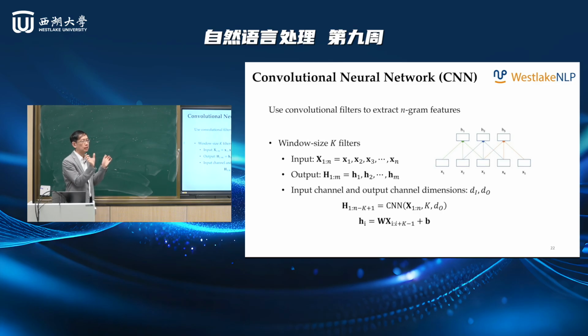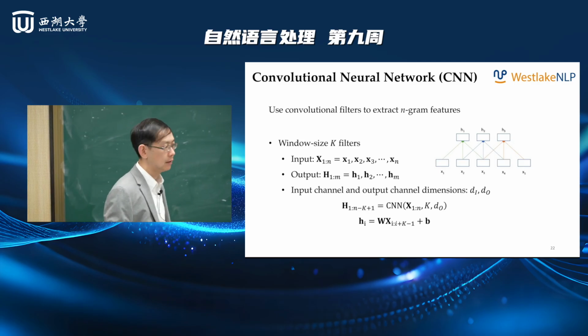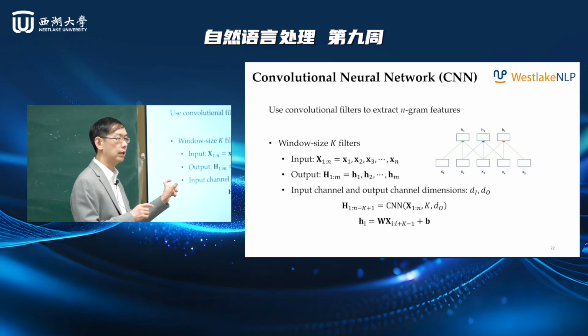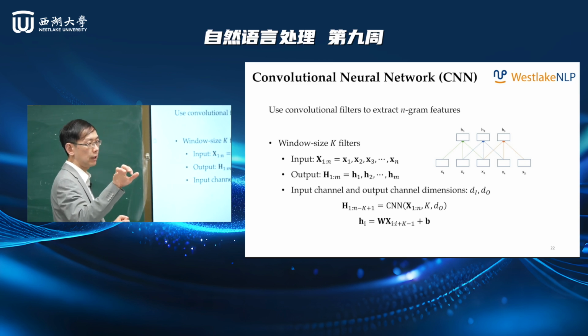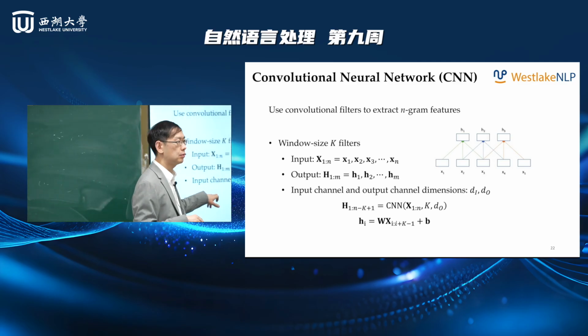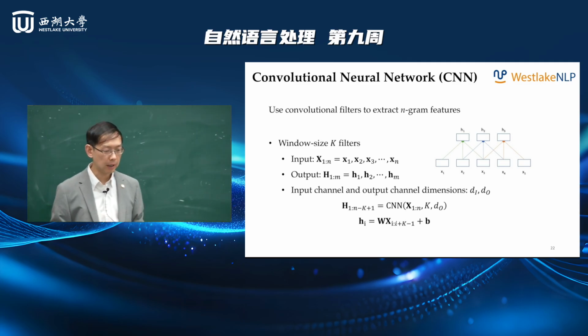You just concatenate the embeddings into a concatenation form, and then you pass that to a matrix. And that's it. In summary, we have a convolution filter for x1 to x3, one for x2 to x4, etc., until the last trigram. And each filter is a single layer perceptron that calculates a hidden representation of the trigram.